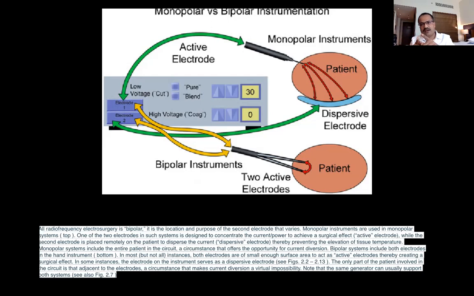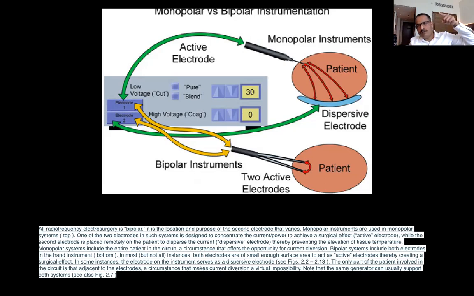And when the active and the dispersive electrode are very close to each other and a very small tissue of the patient is held, and only that tissue is in between the active and the dispersive electrode, it is bipolar. The energy we use is radio frequency, and all radio frequencies are bipolar.